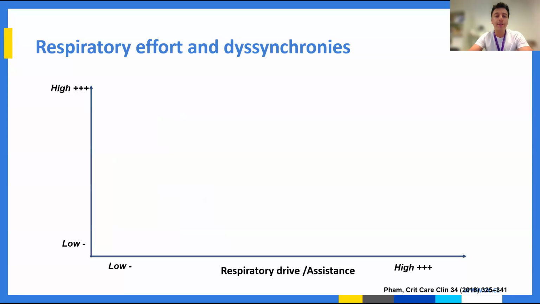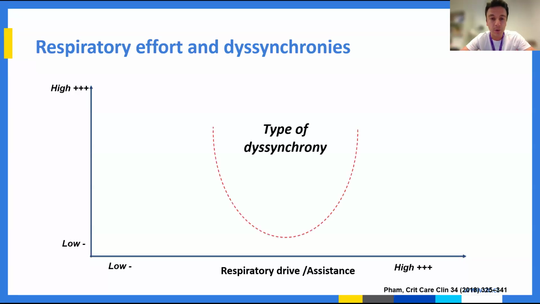And in terms of patient-ventilator dyssynchrony, it's really important to understand the breathing effort because the pathophysiology and the cause of this kind of interaction is really different when you have high or low effort.